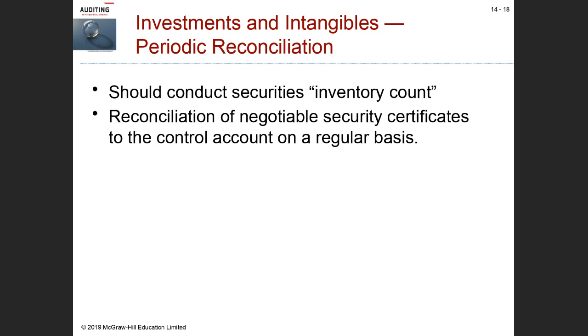So for a very large company, that takes a large amount of time, of course. But by ensuring a reconciliation process is in place, it's a way to determine if any errors have been made in the accounting records.